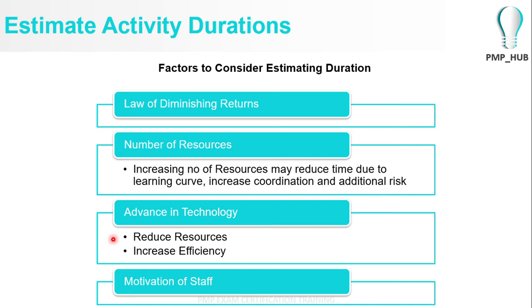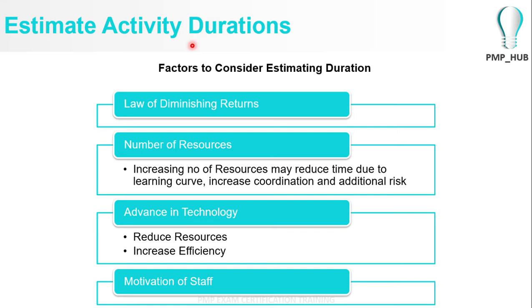A high level of automation, maybe for testing, there are now automated testing tools. So therefore, by using automated testing tools, you might reduce the number of resources and also increase the efficiency, whereby the activity duration for UA for internal testing would take lesser time.